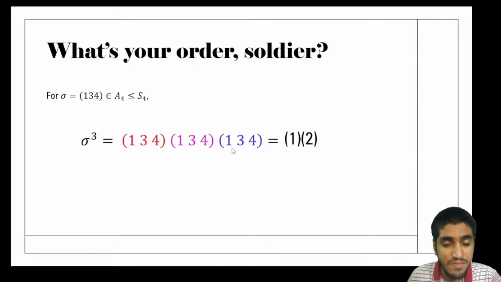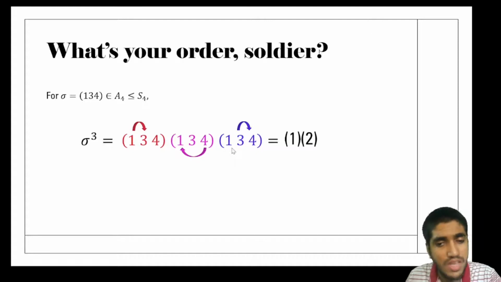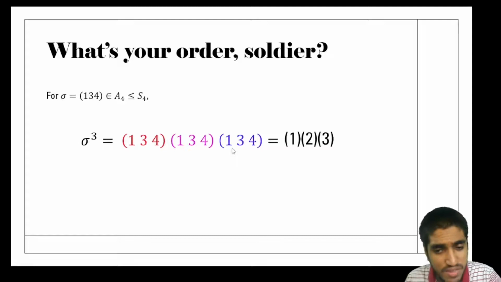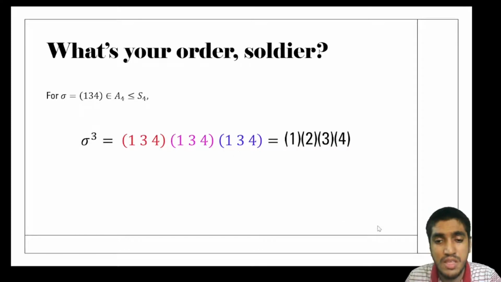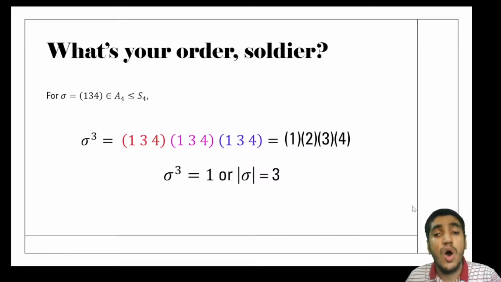It's fixed again. What about 3? And 3 is also fixed. And finally, 4 is all that's left. And it's fixed too. What does it mean? It means that sigma cube is equal to identity, or that order of sigma is 3.